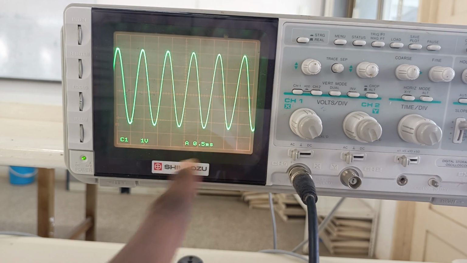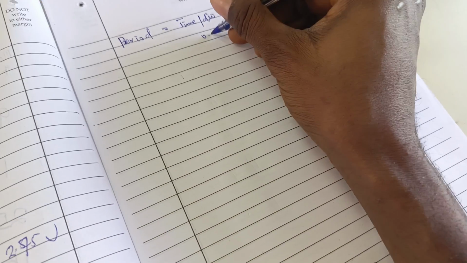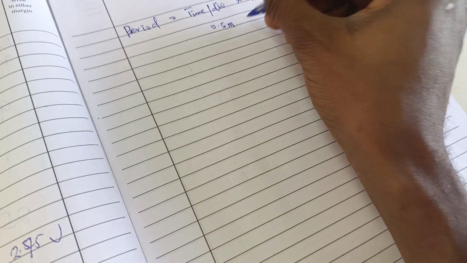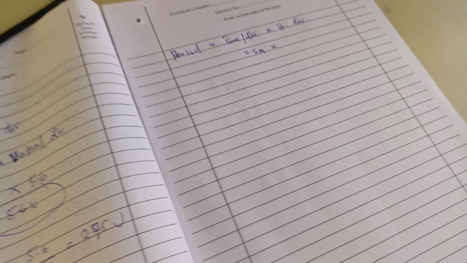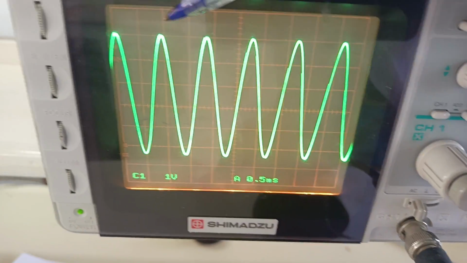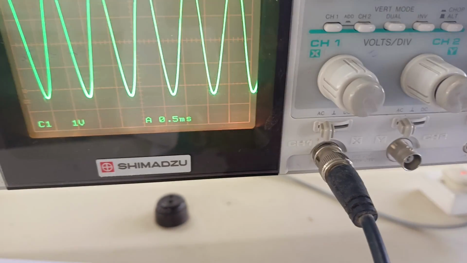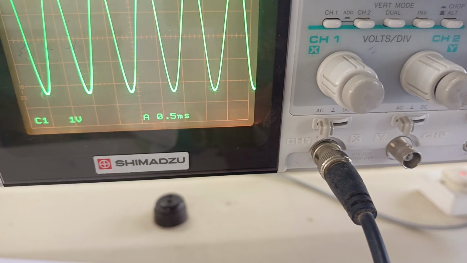Let's use this for the example. The time per division is 0.5 millisecond times the horizontal division. Now, we'll be calculating the horizontal division for only one cycle.